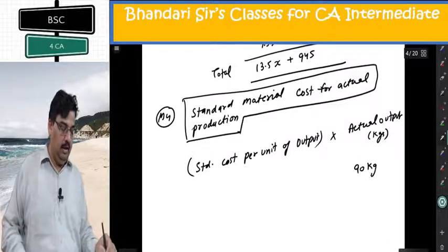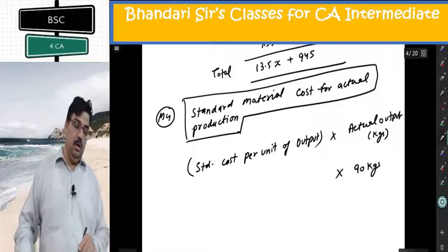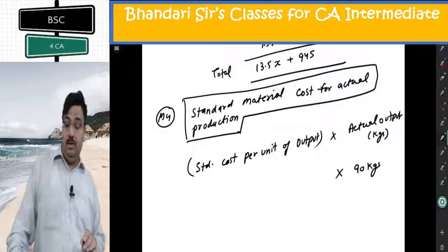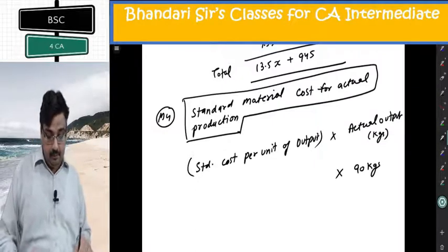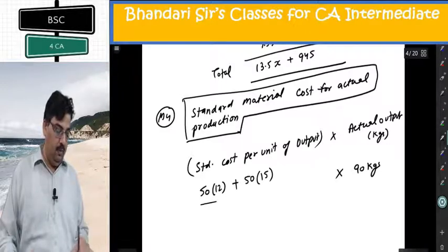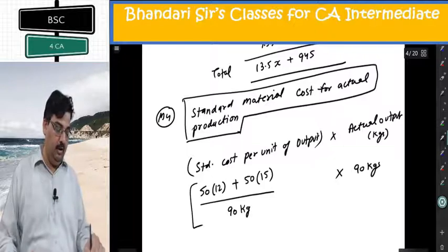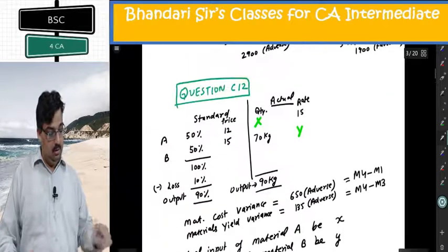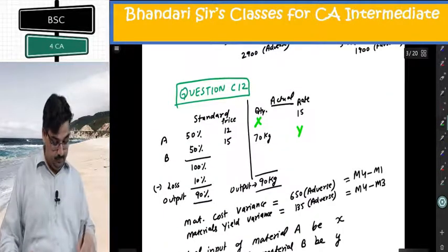This is given, 90 kgs. Standard cost per unit of output, I take a mix of 50 and 50: 15 to 12 plus 15 to 15. From there I am getting standard output of 90 kg. You can look at this, this is a chart I made.